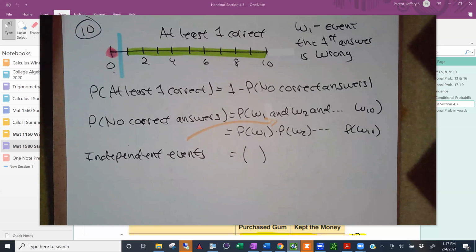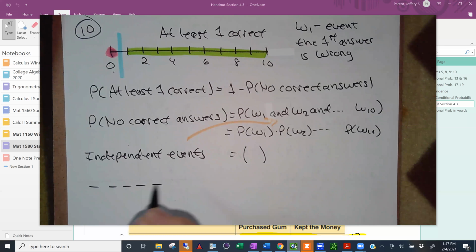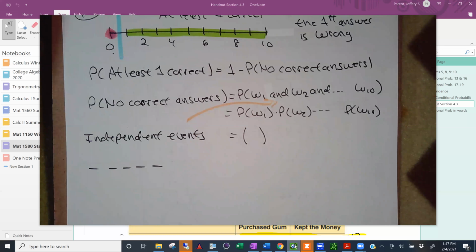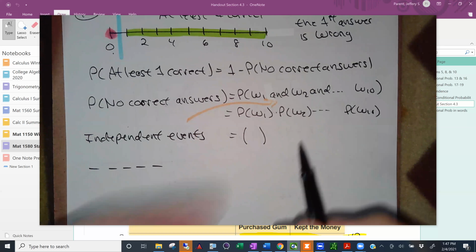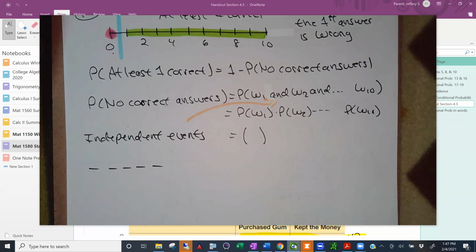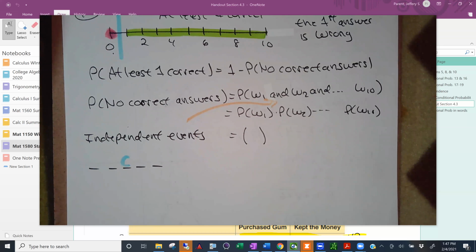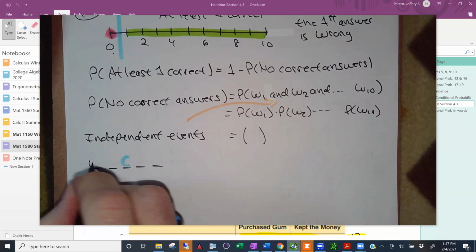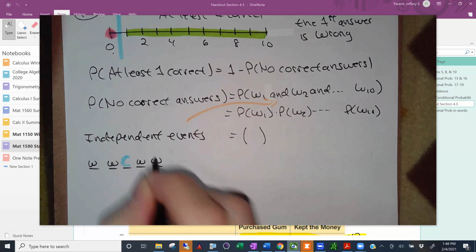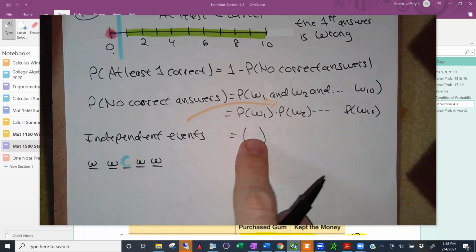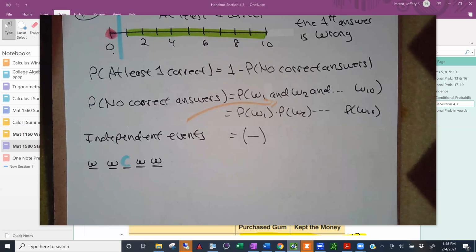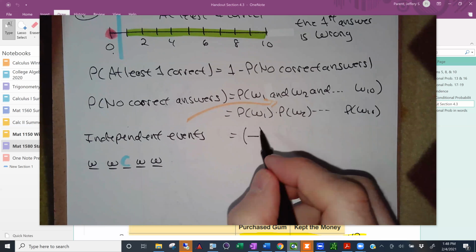Now, as a quick reminder, each of these questions has 5 possible answers, only one of which is correct and 4 of which are going to be wrong. So on any one question, what's the probability of getting one wrong? 4 out of 5.